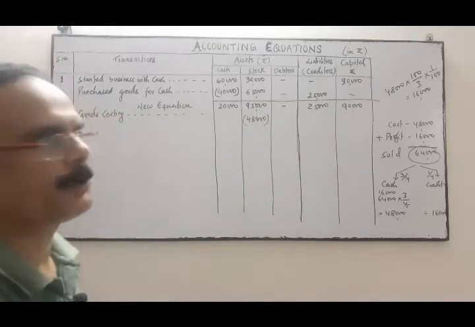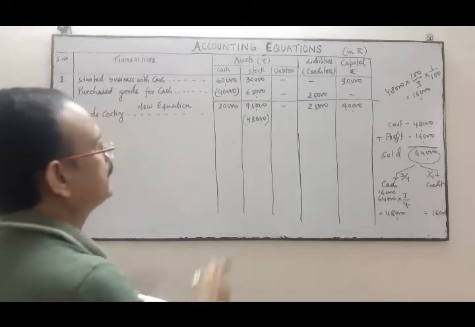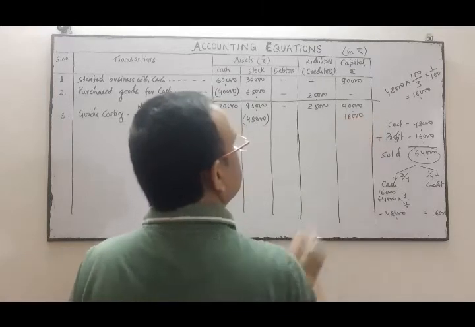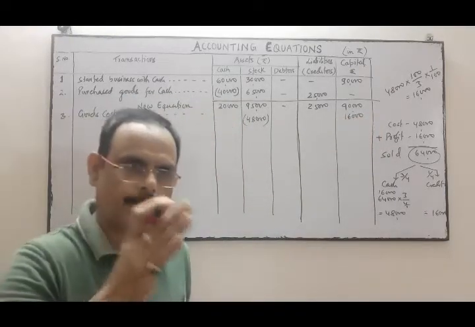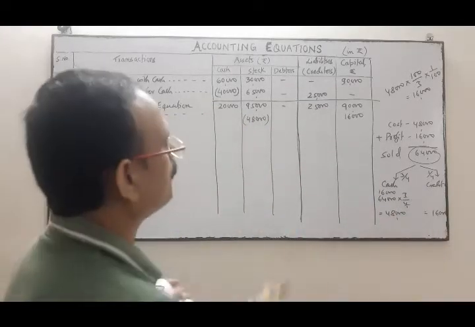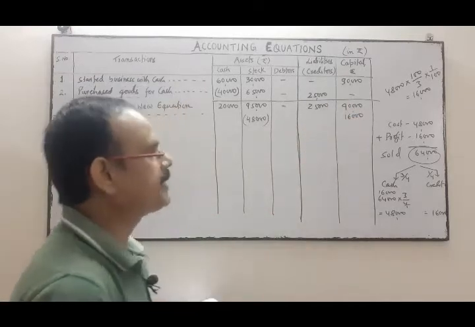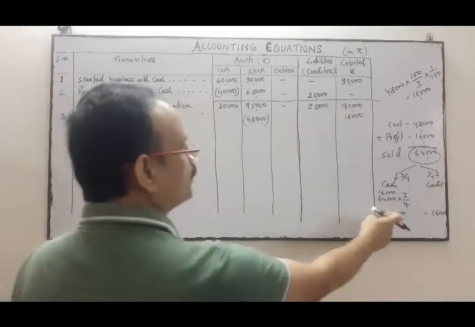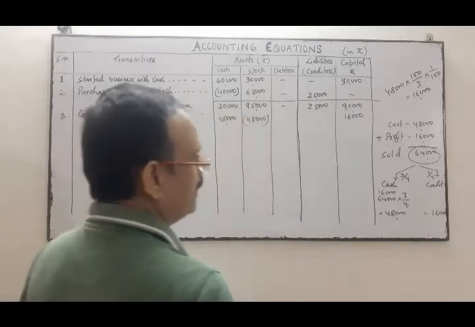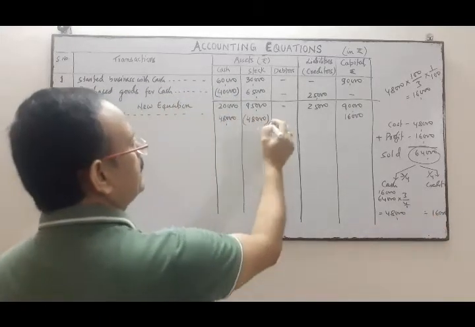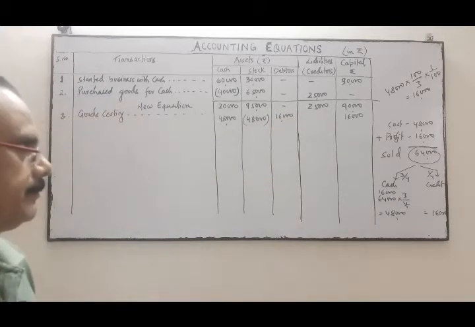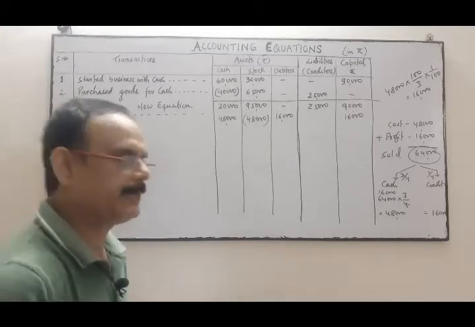This goods is sold at a profit of 16,000, so your capital will increase by 16,000, because profit is transferred to the proprietor's account, which is your capital account. 3/4 amount is received in cash, so 48,000 cash will increase, and 16,000 is your credit sales, so the debtors account will increase by 16,000.